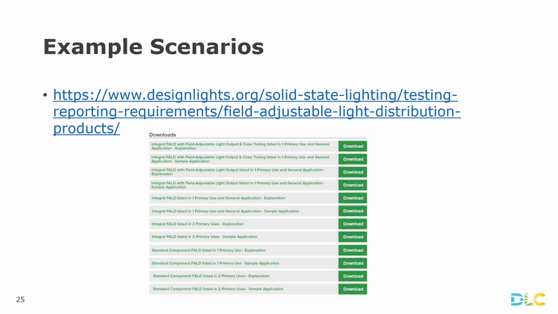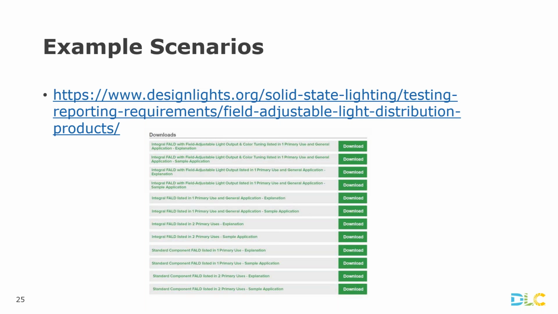One scenario describing a product which is both integrally adjustable and has field adjustable light output functionality, assuming that product wanted to submit in 1 specific primary use designation, what the requirements would be for testing and submission and evaluation and listing of that product.